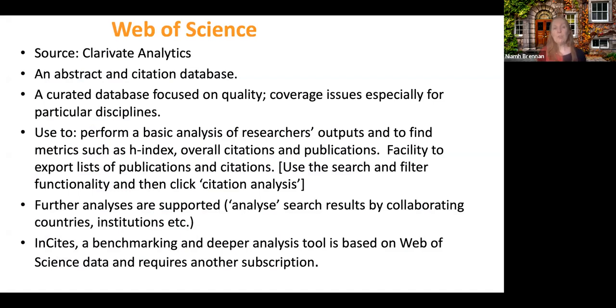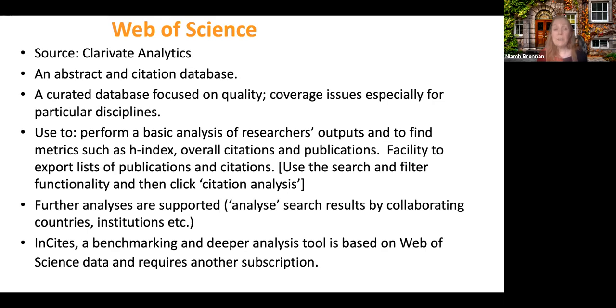The first and the most famous and the original, the father of them all, was the Web of Science from Clarivate Analytics, an abstract and indexing database. It's a curated database focused on quality. It has coverage issues associated with particular disciplines that we've mentioned already, and we can use it to perform basic analyses of researchers' outputs and to find metrics like the H-index, overall citations and publications, and so on.